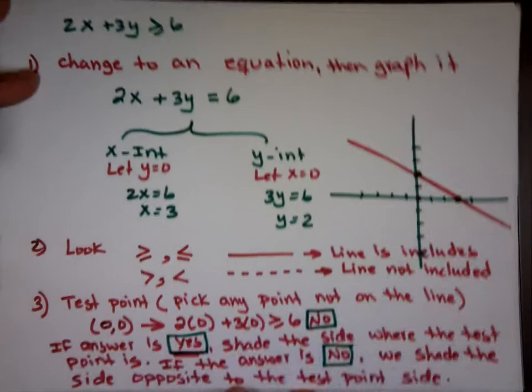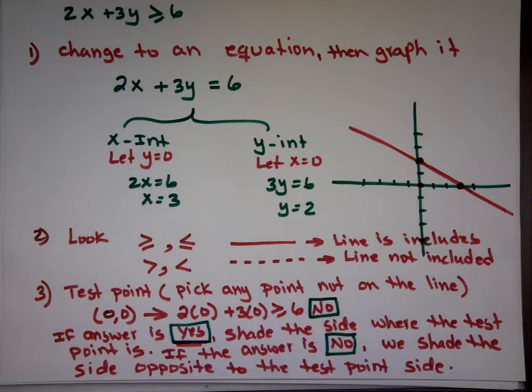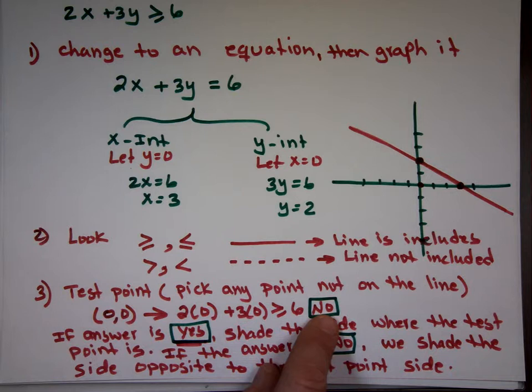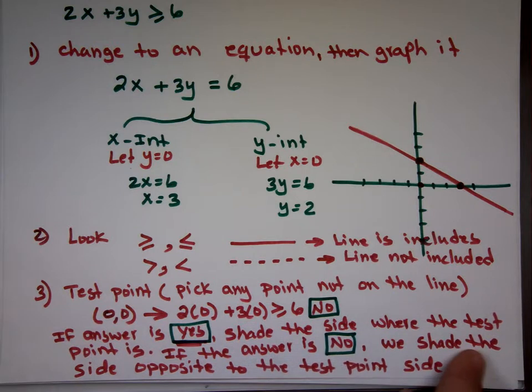Let me take a peek here. Test point. Pick any point not on the line. I picked a point 0, 0. Plugged it in. It says, no, that's not bigger than 6. If my answer is yes, we shade the side where the test point is. If the answer is no, and that's what we have, a no for an answer, we shade the side opposite to the test point side.